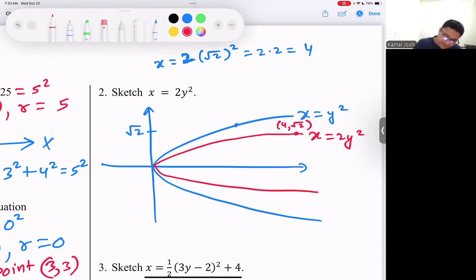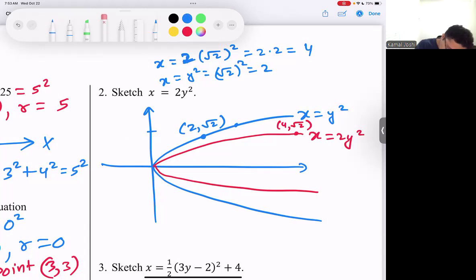Okay, but in x equals y square, that root 2 squared would just have given you 2. So x would be 2 for the same root 2 here. So when x is 2, y is root 2. And maybe on this one also I should bring my thing a little down. Root 2 here.